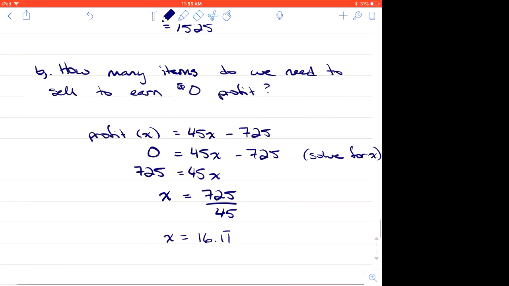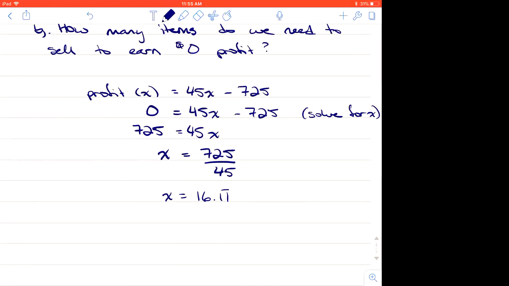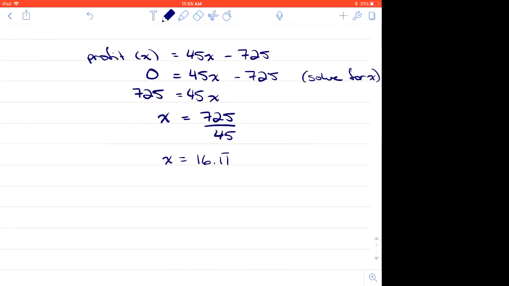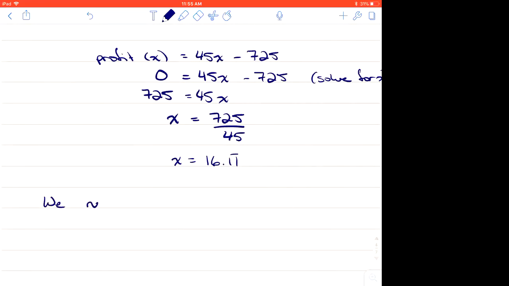So the question was, how many items do we need to sell to earn 0 profit? We need to sell at least 17 items. I'll put in brackets here, 16.11.